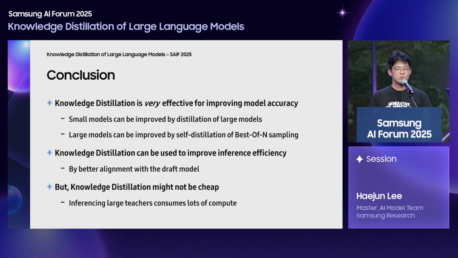Conclusion: most of the model vendors might have similar challenges. Knowledge distillation can be used for training a variety of models, especially small models. Recently, we are seeing agentic AI and related models being launched in large numbers.